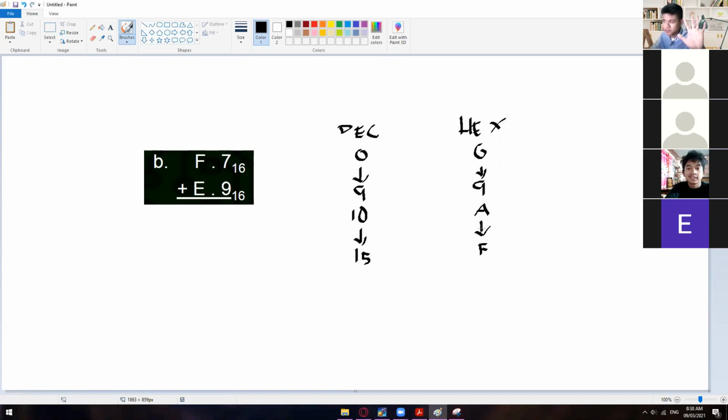Naalala niyo pa ba to? Yes, sir. And then right here, for the 16 to 25, how did I know that this one will end up to 25? So just follow the pattern. For the first 9 numbers, 16, 17, 18, 19, 20, 21, 22.